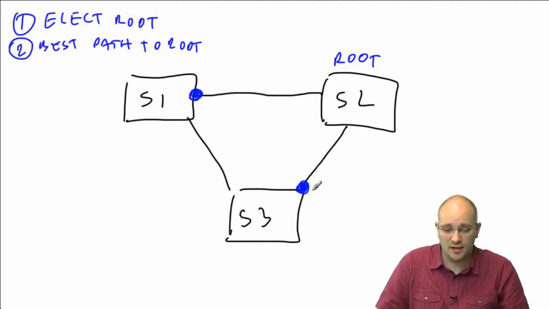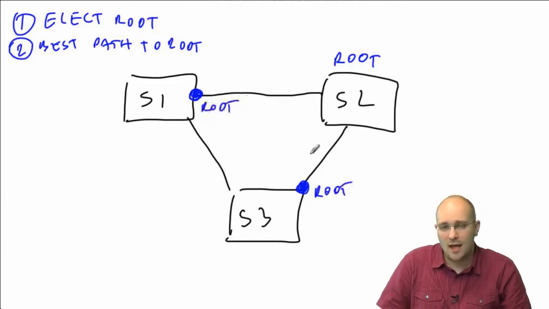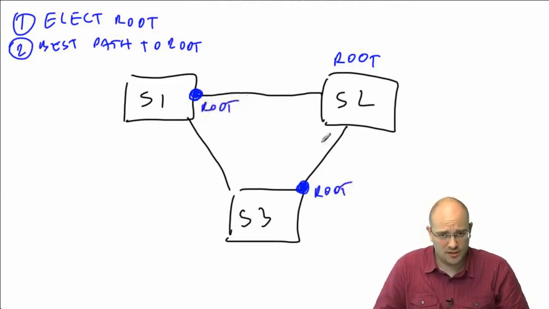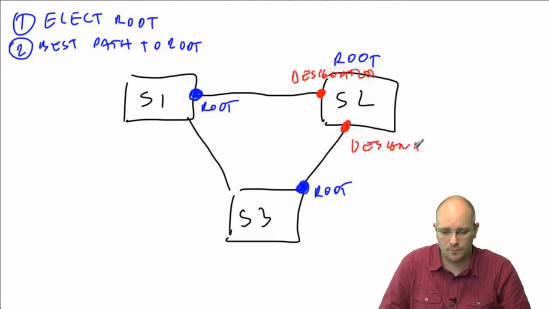These ports that are closest to the root are called root ports. On the root switch, these downstream ports here that are facing root ports are something that we call designated ports. And I will again talk about these terms in a little while.